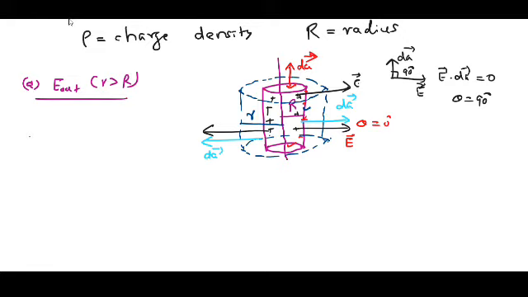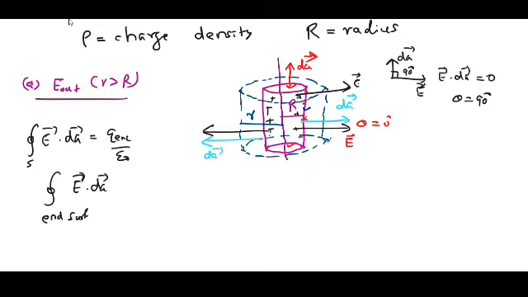Therefore, while applying Gauss's theorem, that is E dot dA is equal to Q enclosed divided by epsilon 0. Here we have two surfaces. One is the end surface, the flux through the end surface, plus the flux through the curved surface, is equal to Q enclosed divided by epsilon 0.